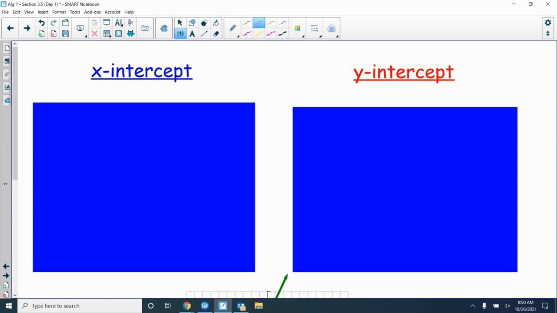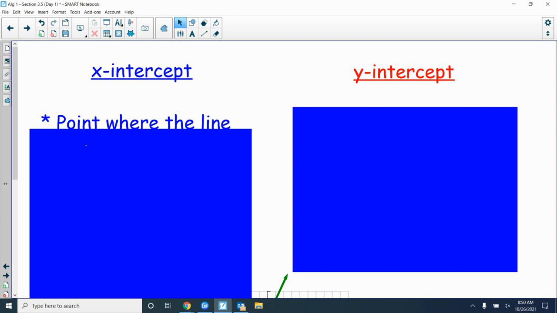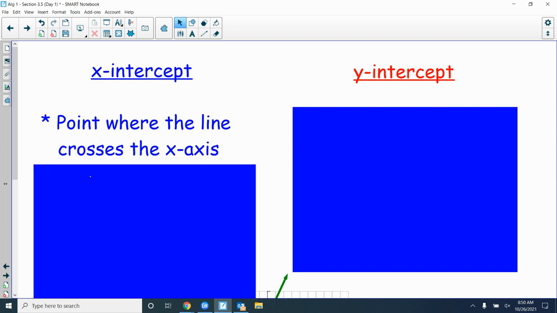All right, there's a procedure to find the x-intercept. Get this information down. It describes it first of all: the x-intercept is the point where the line crosses the x-axis.